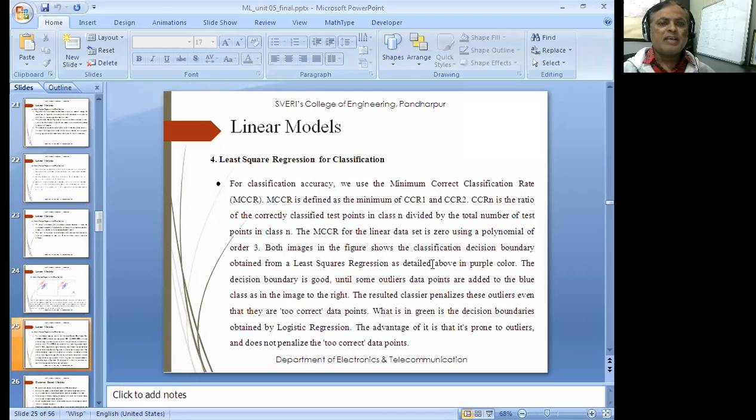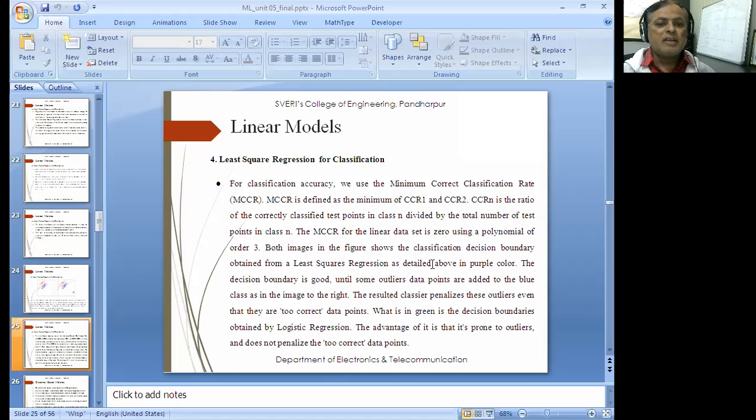It is defined as the minimum of CCR1 and CCR2, that is, the minimum of correct classification rate 1 and correct classification rate 2. CCRn is the ratio of correctly classified test points in class n divided by the total number of test points in the class. So the correctly classified points are divided by the total number of points in the class.